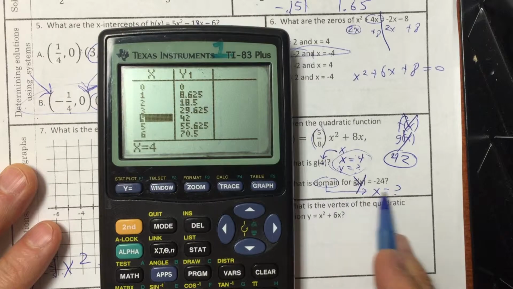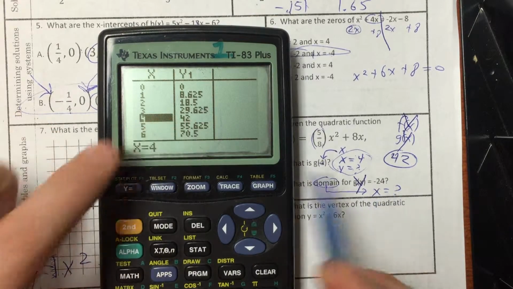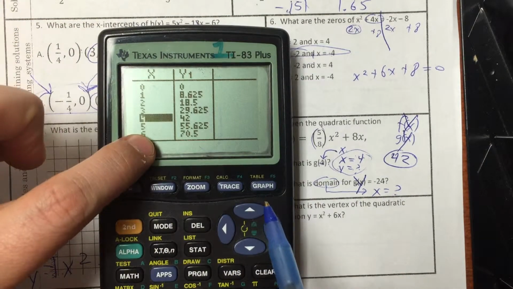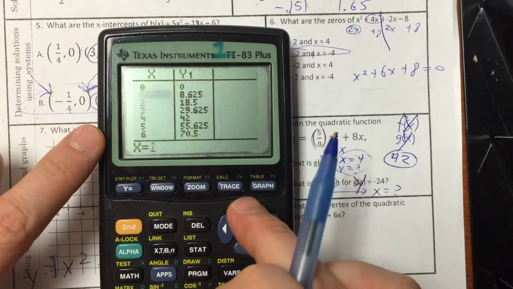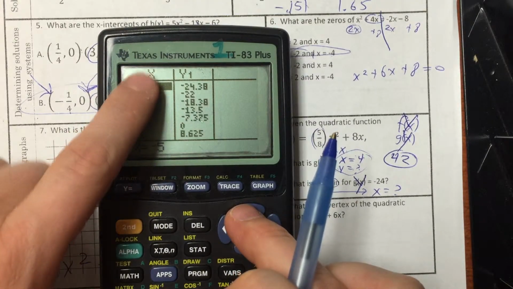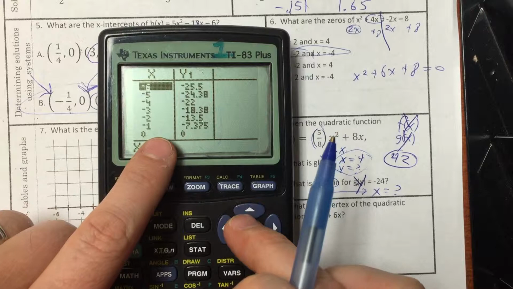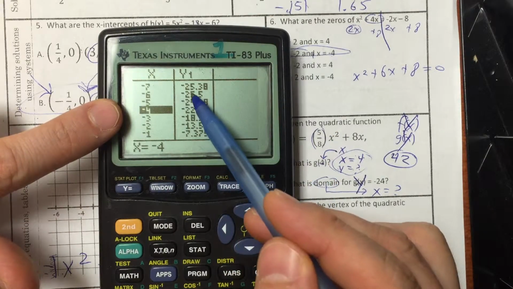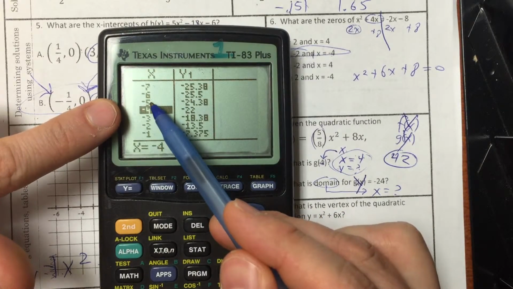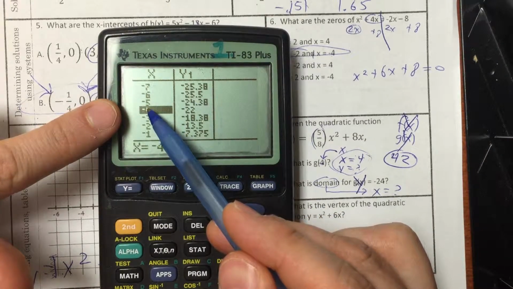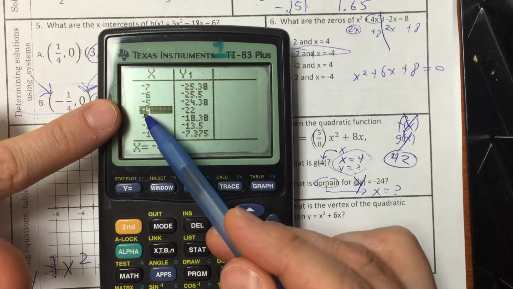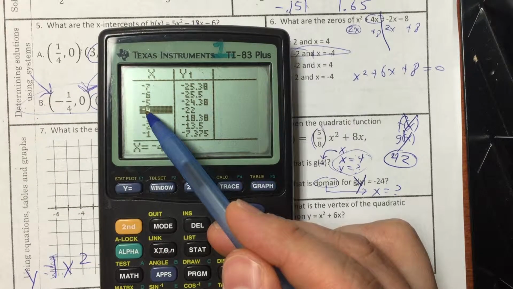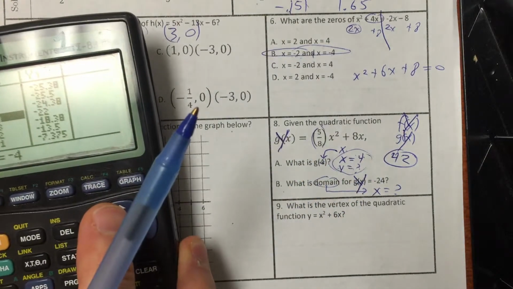And for part B, when y is negative 24, I'm looking over here now. Now when you scroll, you keep the scrolling on the left, even though now I'm looking on the right. I'm looking for negative 24, but notice I'm still scrolling from the left. Negative 24 is something between here and here, like between negative 4 and negative 5. Okay, so if you had multiple choices, you would pick whichever one is between negative 4 and negative 5.